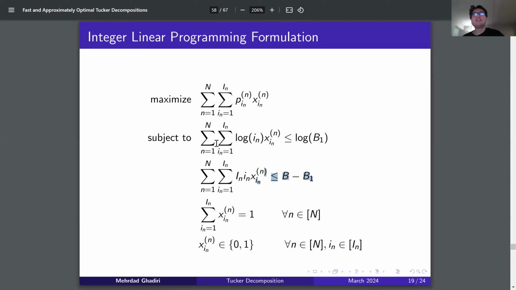If you really look at this, these are two knapsack constraints, together with a partition matroid constraint. In general, that problem is NP-hard, people have shown this.